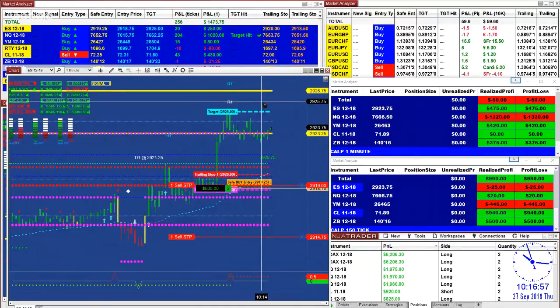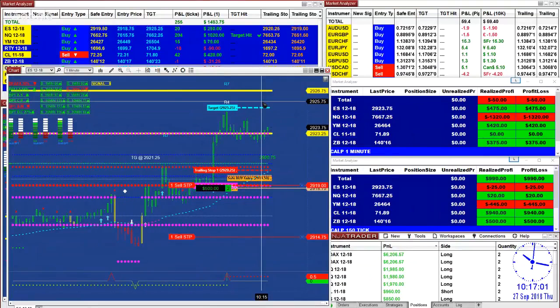I would not touch this ES long at all. Whoever followed us when we first started the webinar on this entry, it was very flat when we started this webinar today. It's okay to stay on that trade, but for a guy coming in right now, when I trade the ES, I would not advise you to do anything on it.